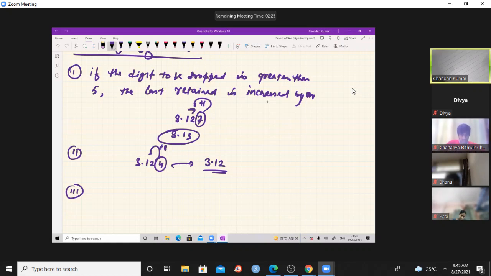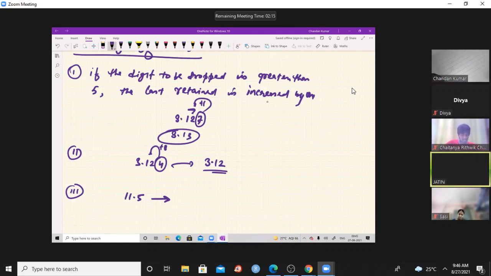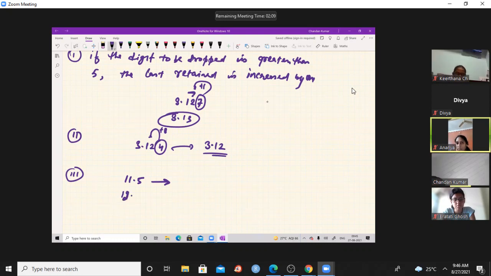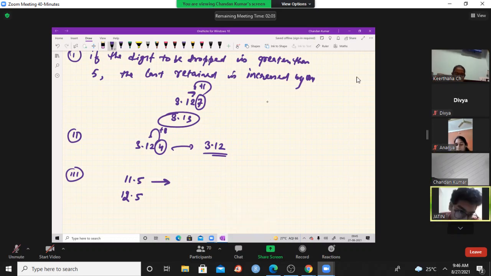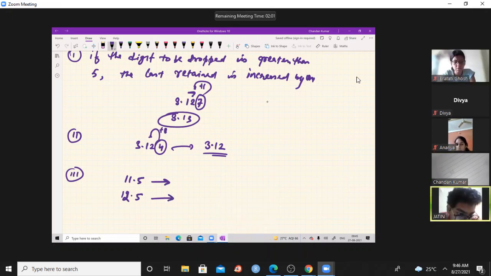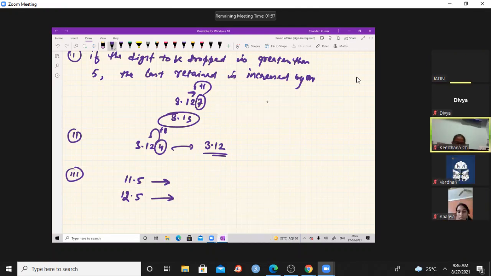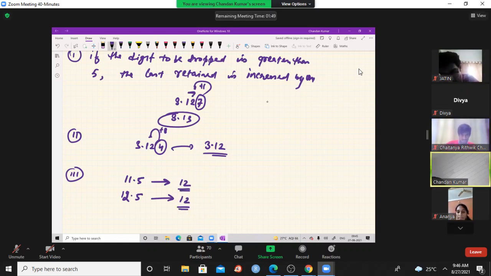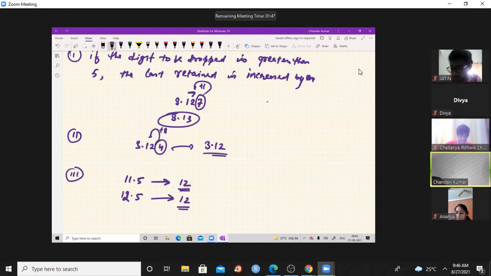Suppose I'm having 11.5. I have to drop this 5. What should I write? 12. And if I have 12.5 and I have to drop this 5, what should I do? 12. So if it is odd, you will add +1. If it is even, you will do nothing.